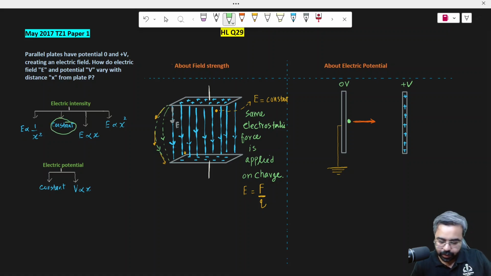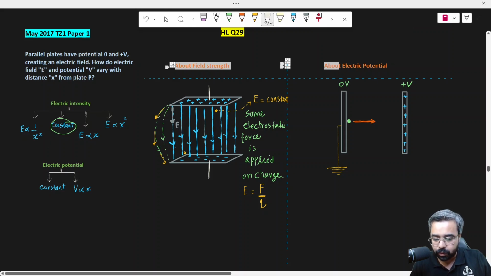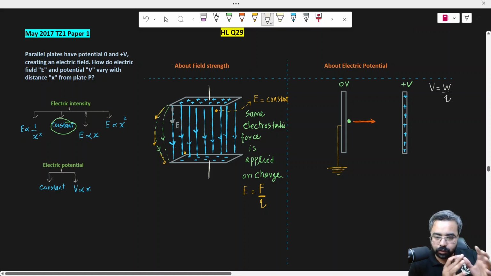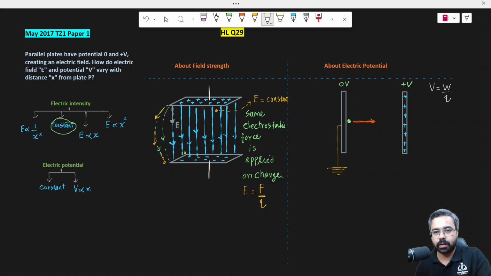And the second reason is, dear students, if you look at these parallel plates, I will try to show you how the electric potential changes from 0 volts to the maximum value, because electric potential is the work done per unit charge. As you move the charge from zero potential to the maximum potential, this work done increases, meaning the energy stored in the charge increases if it is a positive charge.